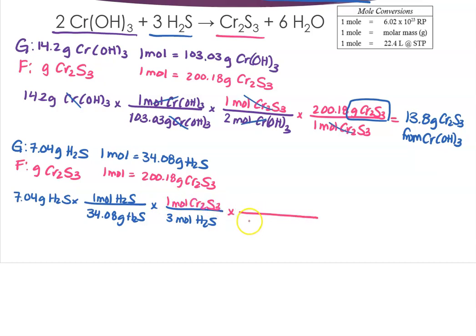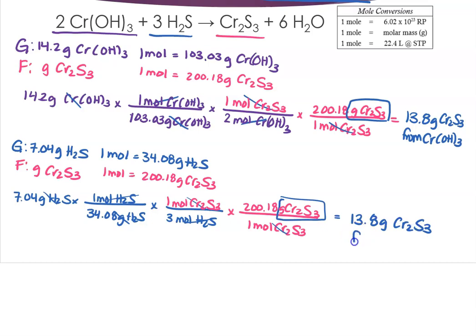And lastly, we convert to grams, 1 mole Cr2S3 on the bottom, and the molar mass on top. All right, so grams cancel with grams, moles cancel with moles, and I'm left with grams of Cr2S3. And when I do this math, I get 13.8 grams of Cr2S3 from the H2S.